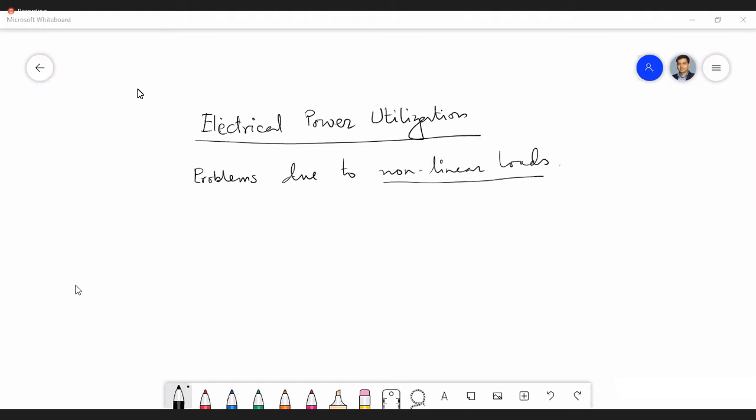And some electrical device having magnetic saturation, that also we can take as a nonlinear load, isn't it? Okay. So let us take a simple example of a rectifier.